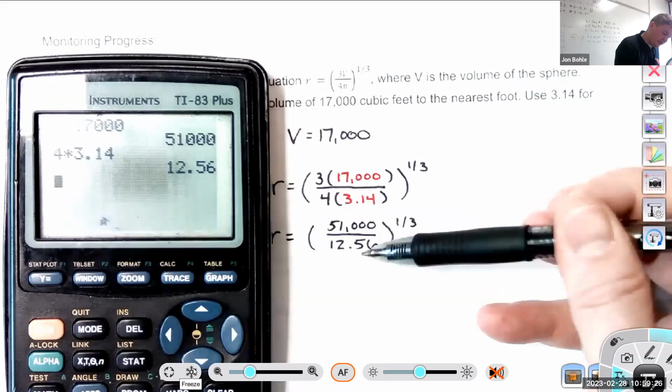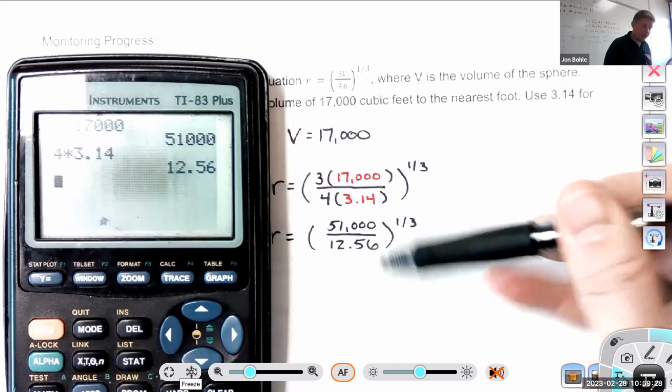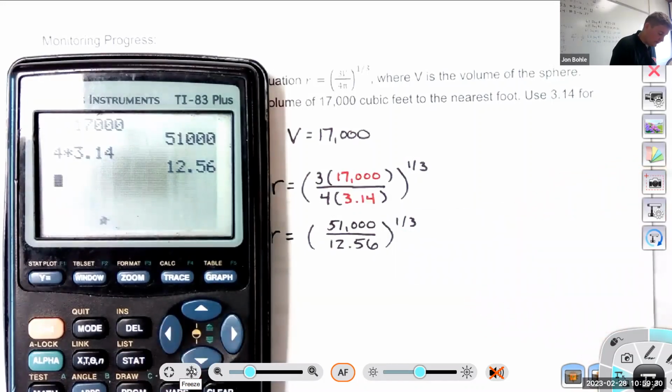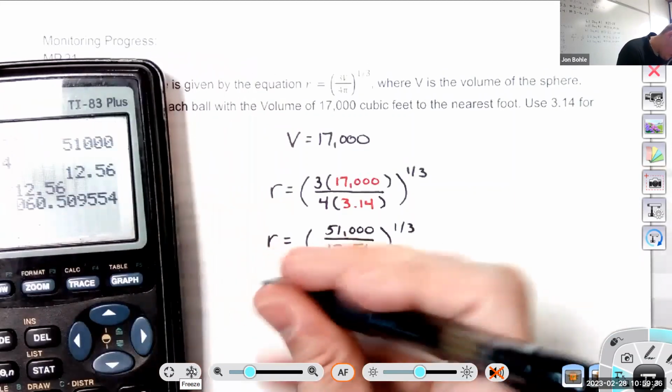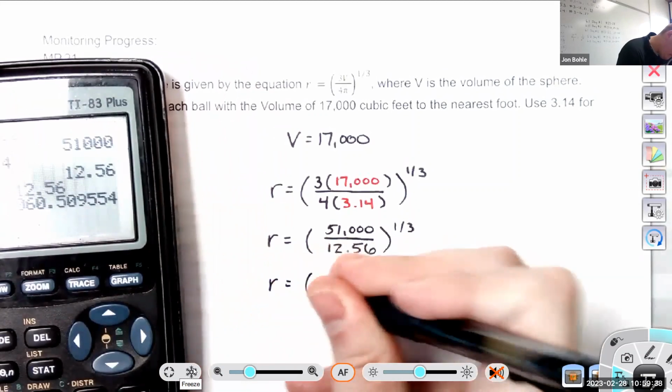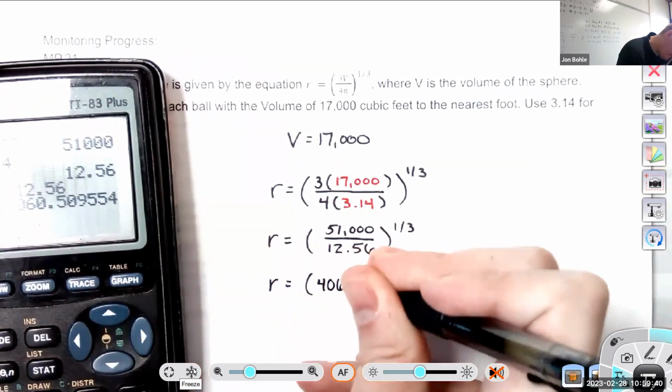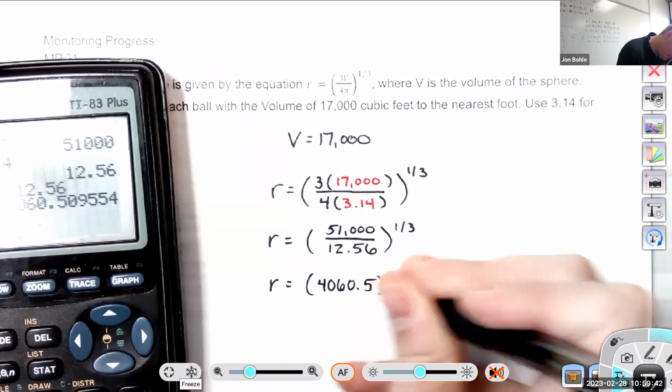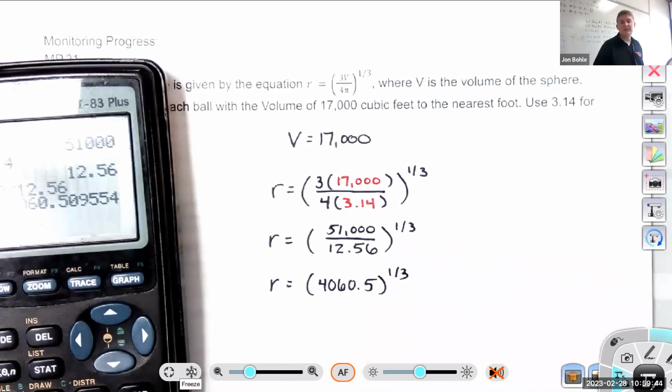What math operation is this here? Division. So 51,000 divided by 12.56. Okay, so 4060.5.